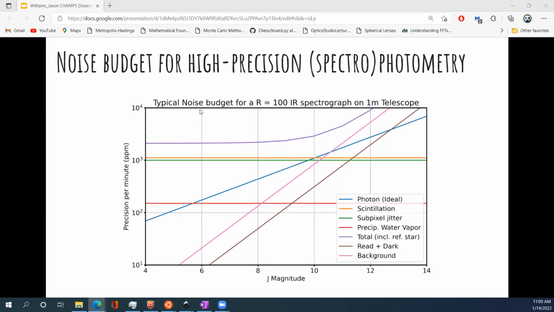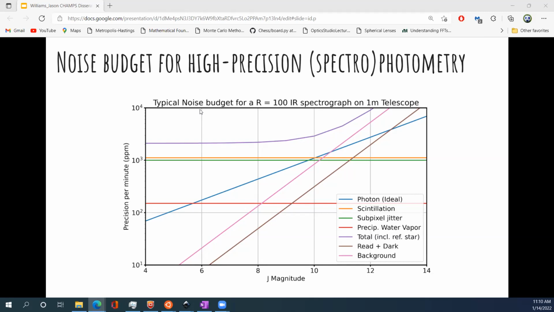We can see that the precision, especially for the brightest, highest signal to noise targets, is around 2,000 to 3,000 ppm per minute, or 2 to 3 millimags per minute. This is often enough to detect planets on the ground, and this has been done before, but it makes it a challenge to detect atmospheres at low resolution. So we really want to aim for the sub 1,000 ppm per minute mark.